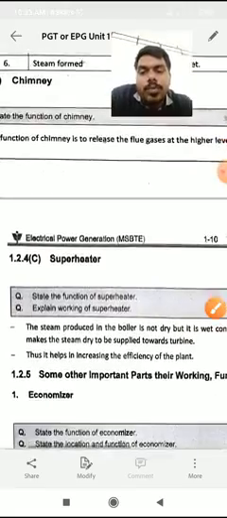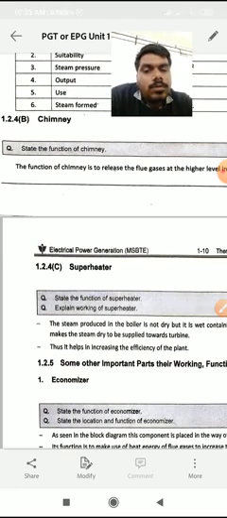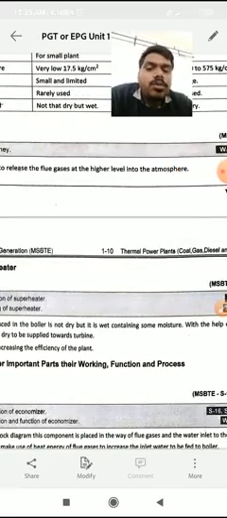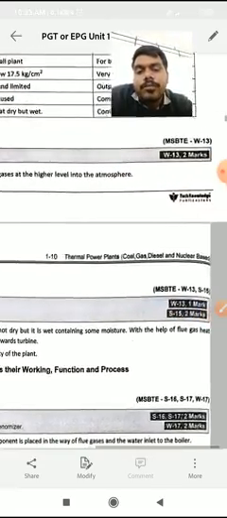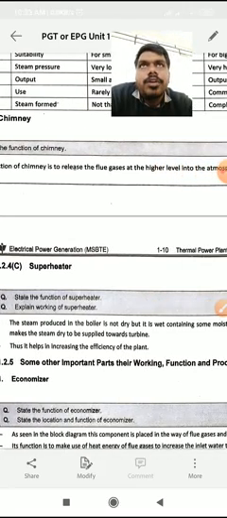Now next one is the superheater. The steam produced in the boiler is not dry, but we want it dry. The steam produced in the boiler is wet, containing some moisture. With the help of the flue gases, heat makes the steam dry to be supplied. We don't want any kind of moisture in the steam.